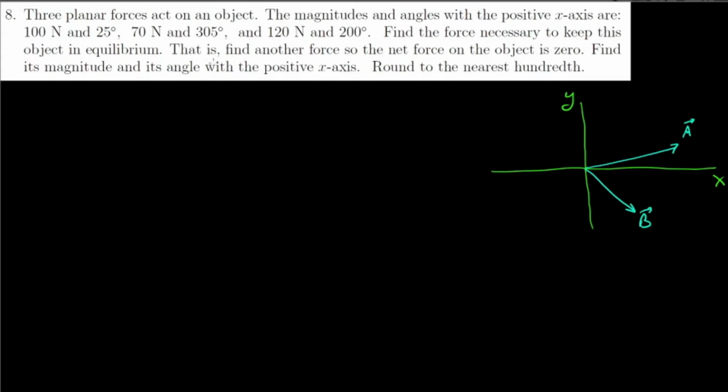Wait, 45? No, that's not right. 270, 35 degrees. So it's only 35 degrees, not 45 degrees from here. So it's negative 55 degrees. All right, so that's force B. And then force C is 120 newtons at 200 degrees.